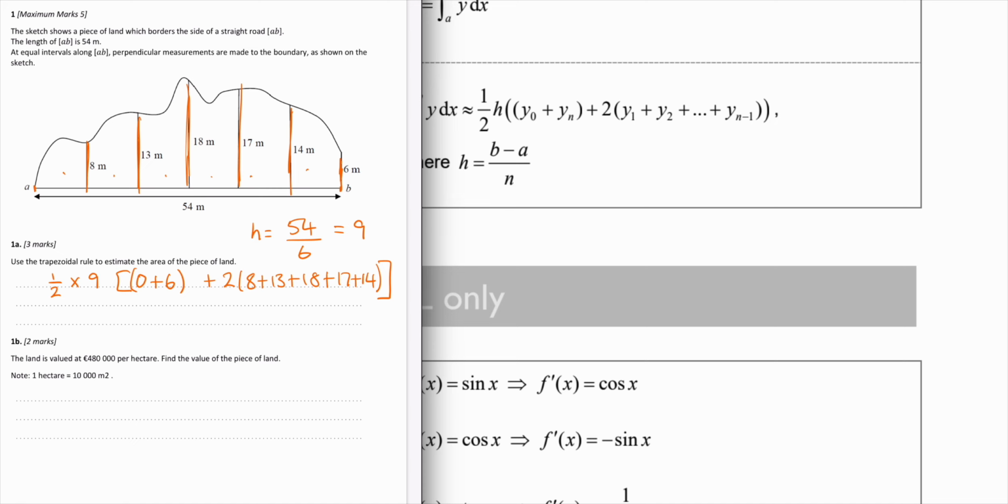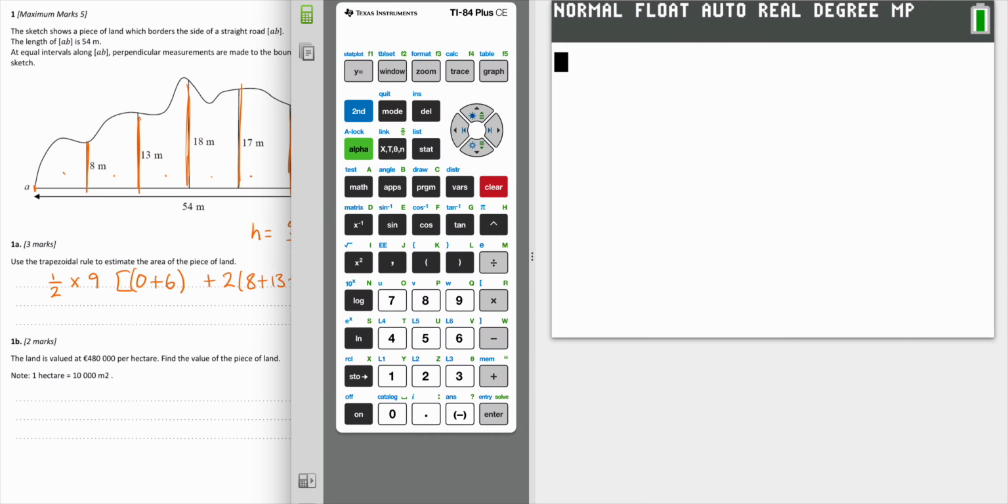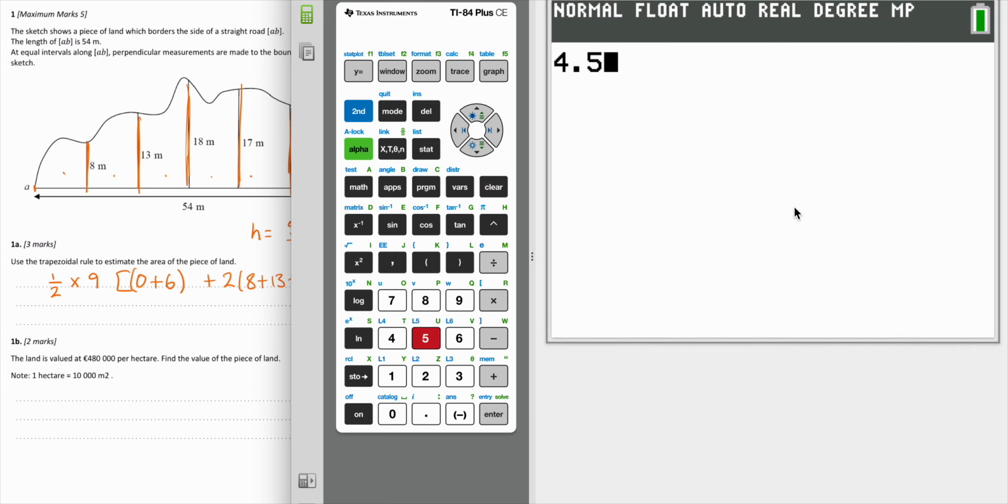So we can go to our GDC, and we have 4.5, or 9 divided by 2, multiplied by 6 plus 2 lots of everything else, which is the 8 plus 13 plus 18 plus 17 plus 14.